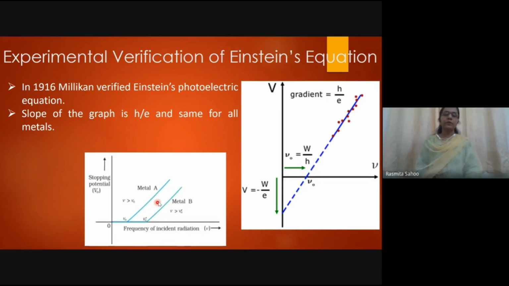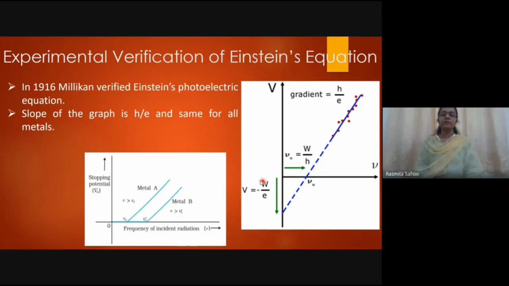For both, the slope is the same, h/e, but this intercept value is changing, and this w/e will also change. If you extend these lines, they will cross somewhere down here, because w is the work function of the metal. So w changes if we change the metal. The y-intercept will change, and this frequency, the threshold frequency, will also change, because that is w/h.